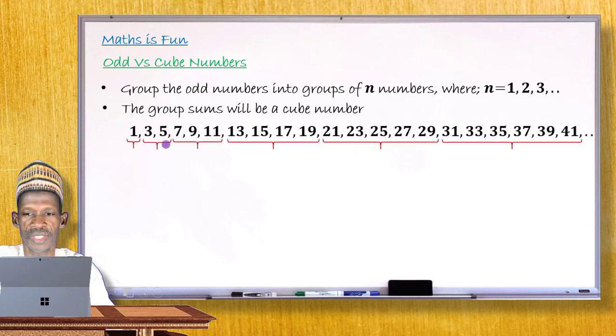If this is your sequence of odd numbers, starting with 1, 3 is the next odd number, 5 is the next, 7 is the next, 9 is the next, 11, and so on. So this is your sequence of odd numbers.